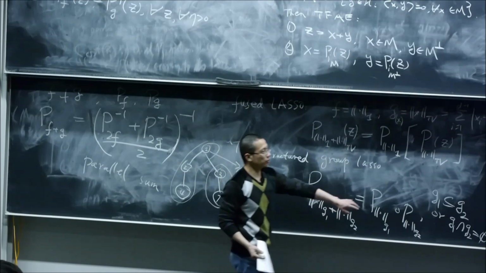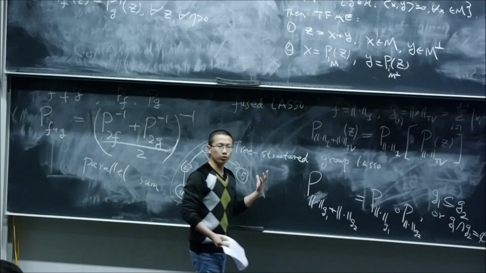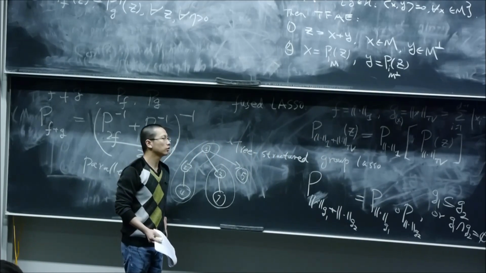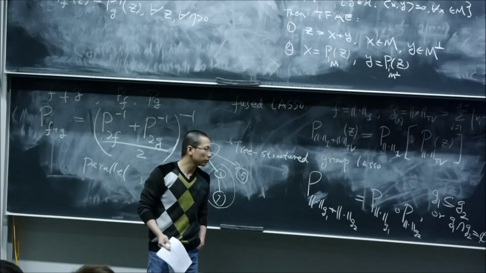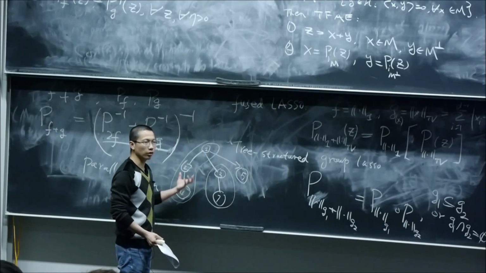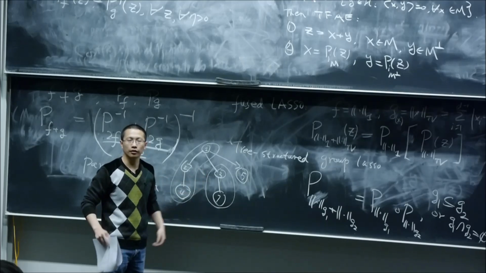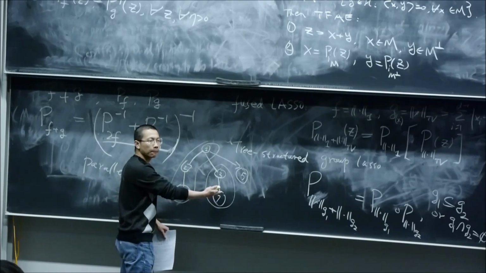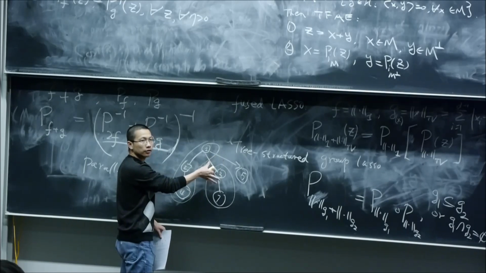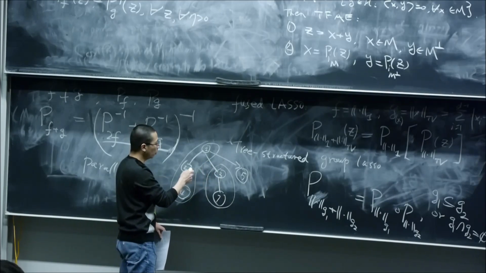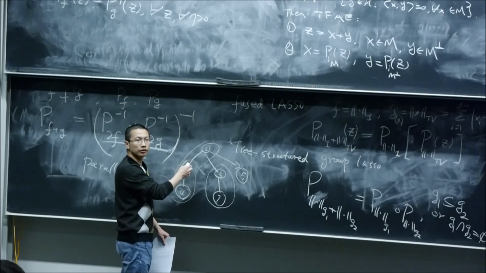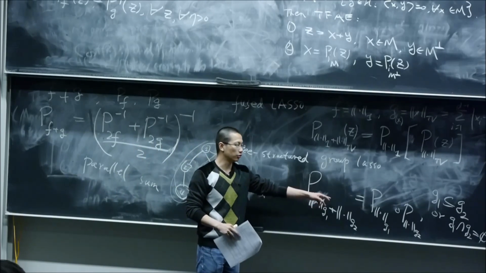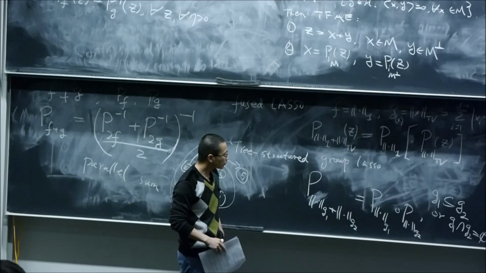So this condition is why they need the tree structure assumption. If you know combinatorics, you will realize that this tree structure is nothing but the so-called laminar system. For any two groups in this tree, either they don't intersect, or one is contained in the other. That's the key property they use to prove this result.